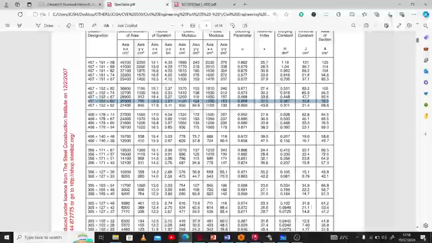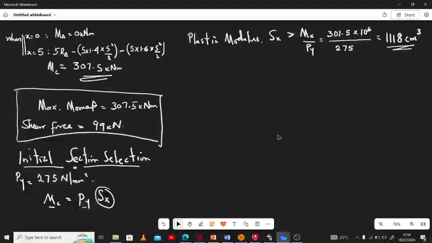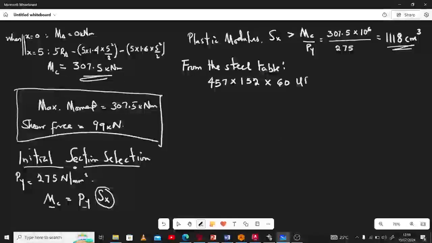All right, going back to our design now, from the steel table, just like I showed you, we picked the 457 by 152 by 60 universal beam, and the Sx for that section in particular is 1280 cm cube.